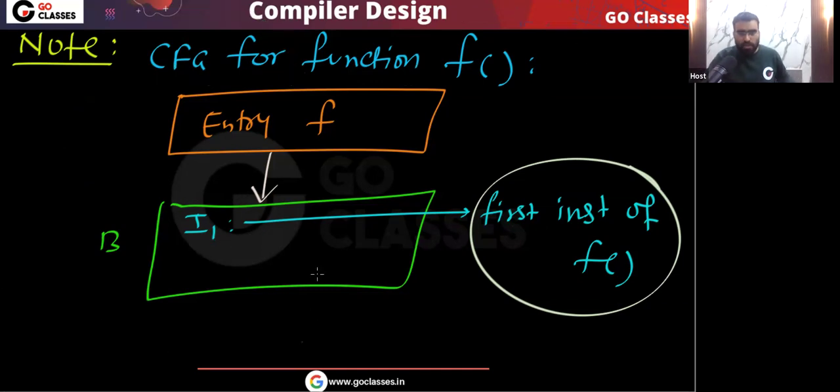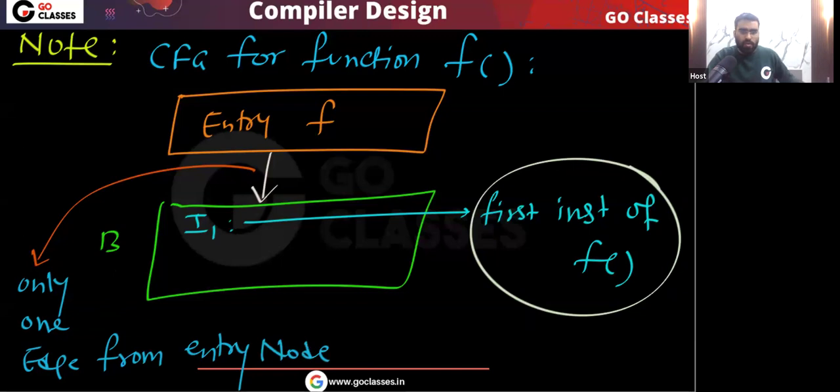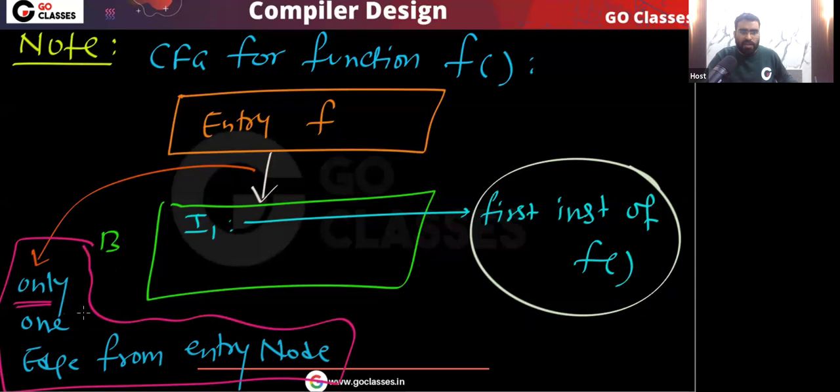So only one edge will be there from the entry node. Is this clear? Understood? Very simple point.